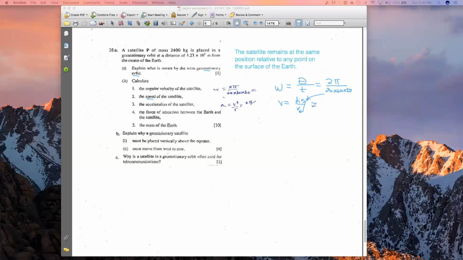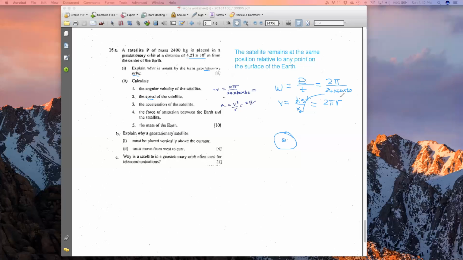But what is the distance? The satellite, as I drew earlier, this is the Earth. And let's say the satellite is moving around the Earth. What distance does it cover? What distance does this satellite cover in 24 hours? The distance it covers is the circumference of the circle, which is going to be 2 pi r, which we're not sure about, right? So we're going to use that. As I said, I think it's more like going to be 8 or 9, not 6 certainly, or 7, all right?